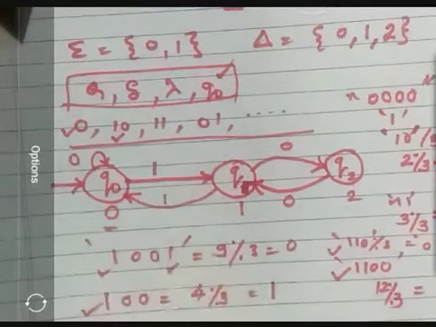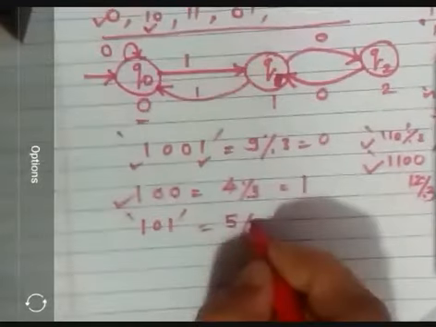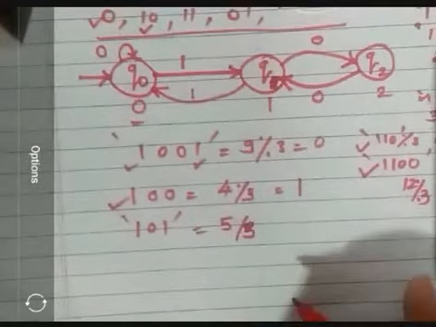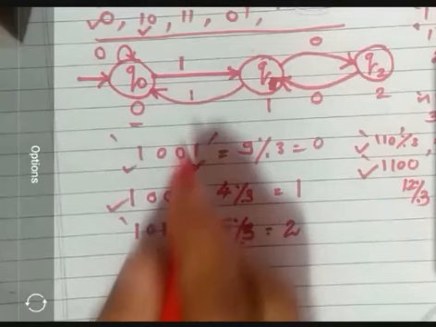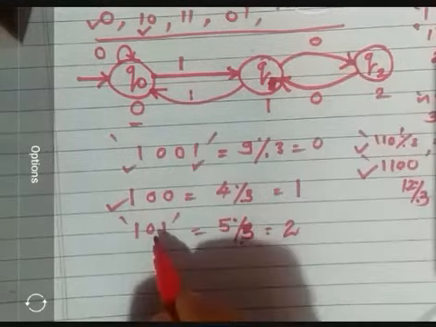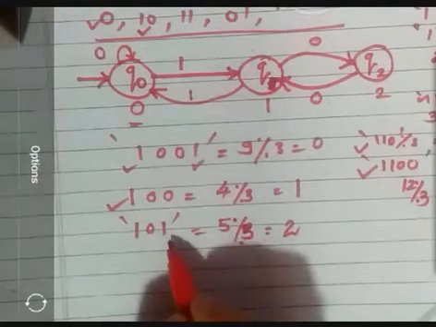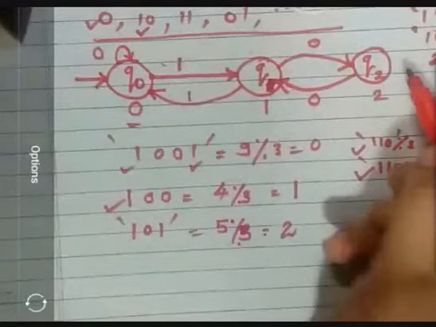Right? Now if I am having the number 101. 101 means 5. 5 divided by 3. That means its modulo will give me 2. So 1, 0, and now 1. So 1, 0, I'm reaching the Q2 state.